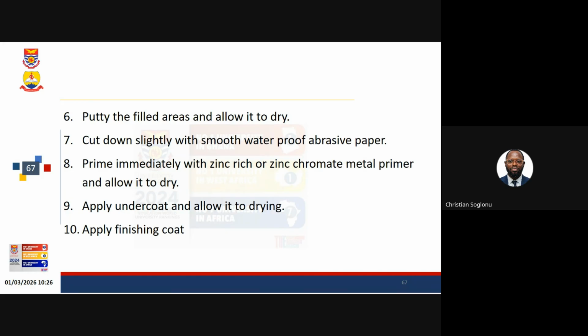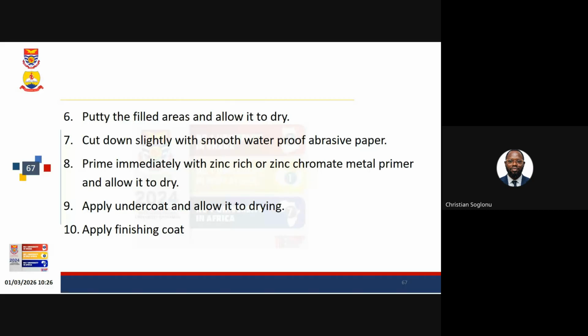So it's primed immediately with zinc rich or zinc chromate metal primer and allowed to dry. Once you are done with the filled areas, you come in with your zinc or zinc chromate metal primer.